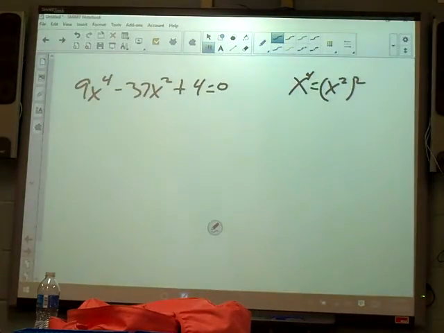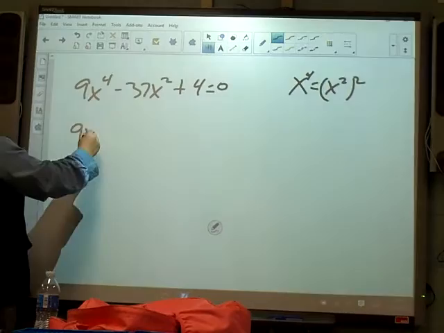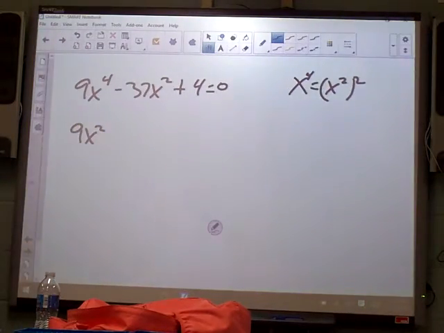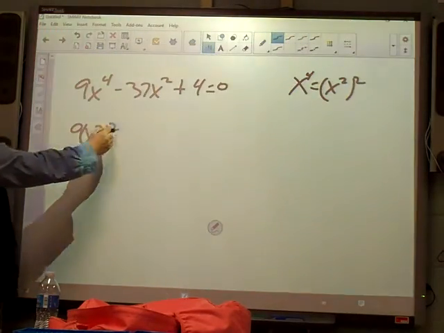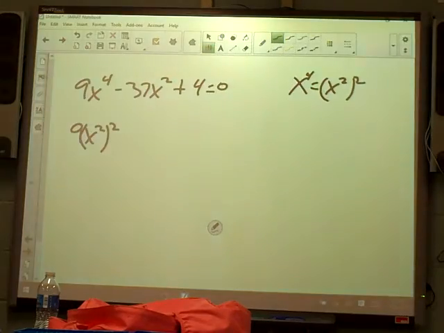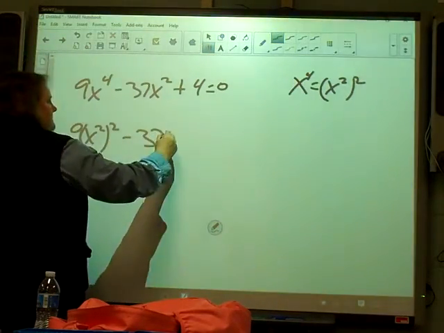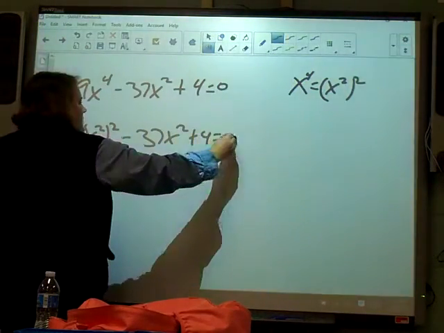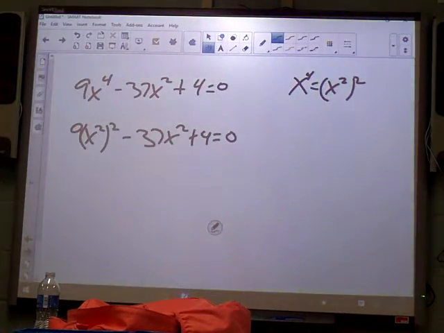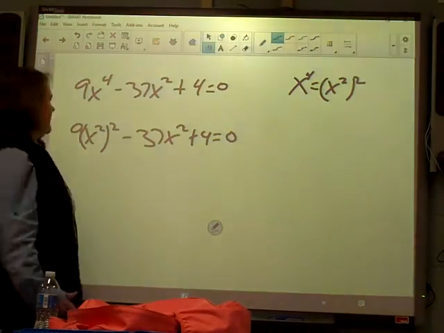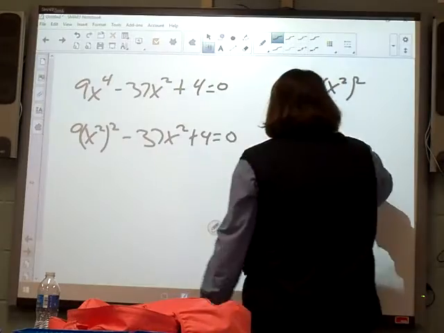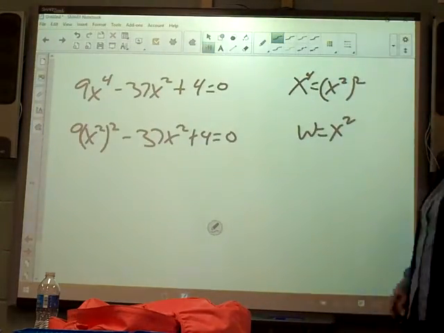So I can rewrite this as 9 times x squared, squared. I have to make sure I do that so I don't square the 9 also. Then you still have all the rest of the stuff. Now what you're going to do, and we did this a long time ago, it's a pain, but every now and then you've got to assign some random letter: X, Y, Q, T, W. I'm going to choose W. W for right now is going to be my x squared.